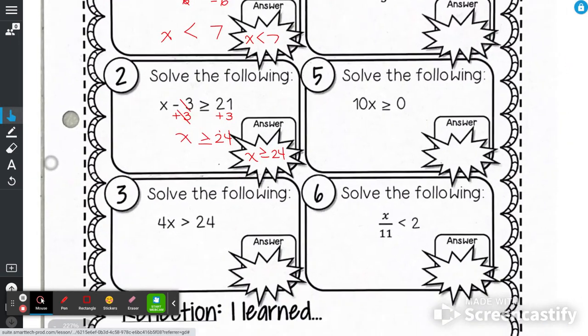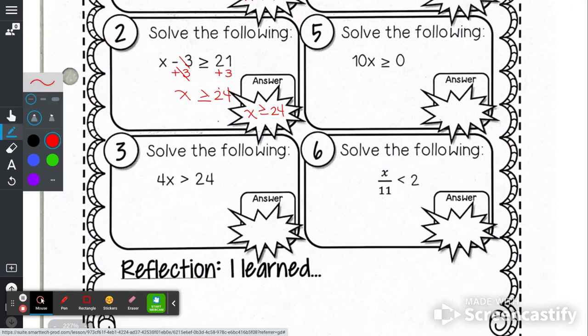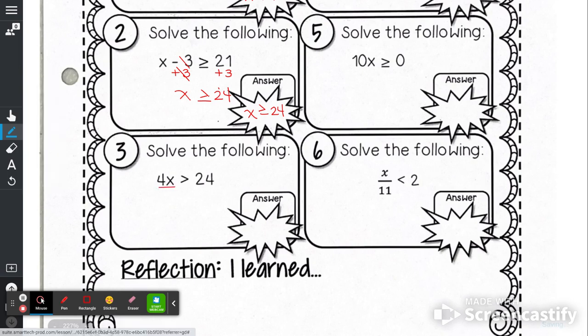Okay, so now looking at number 3, solve for the following. For 4x is greater than 24, what should we do here for number 3? So, 4 divided by 4, and I'll cancel it out.